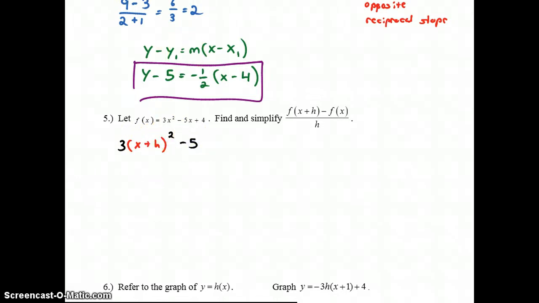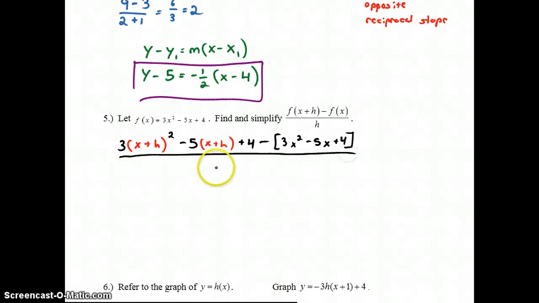Minus 5 times, not x, but x plus h, all plus 4. Now minus f of x, which is, of course, 3x squared minus 5x plus 4, all over h.